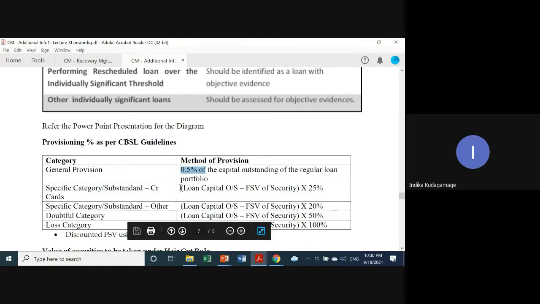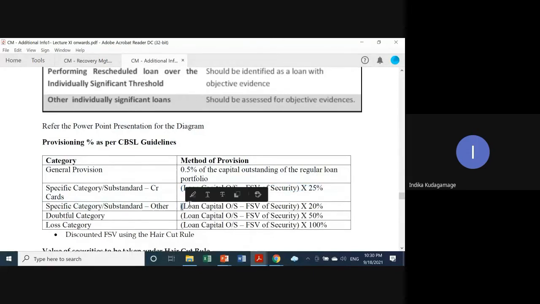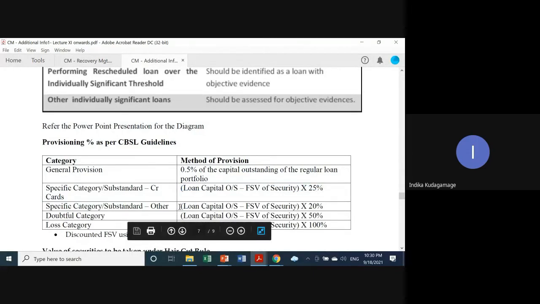This is the formula we use, right? Substandard: capital outstanding minus FSV of the security into 20%.